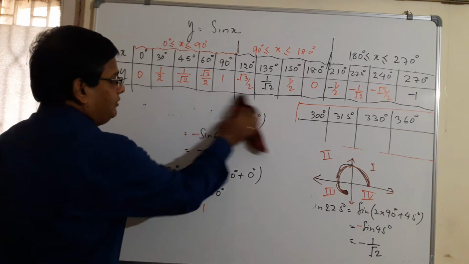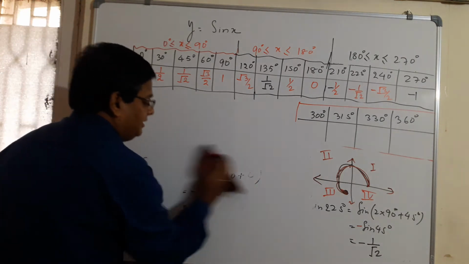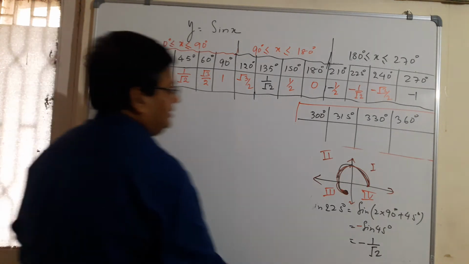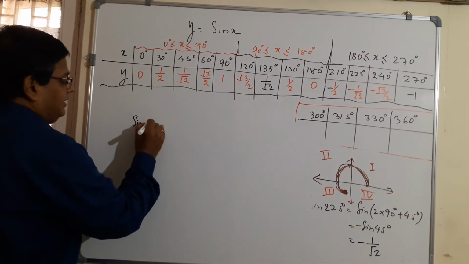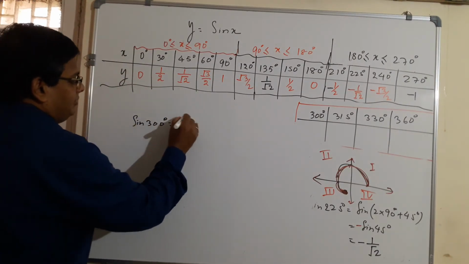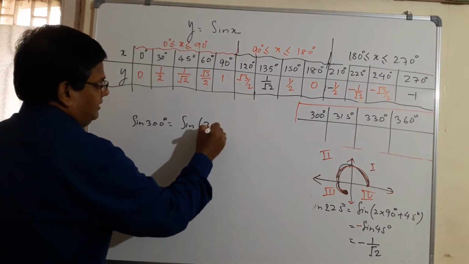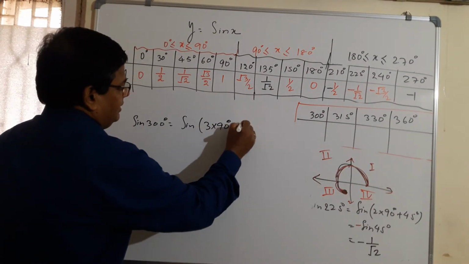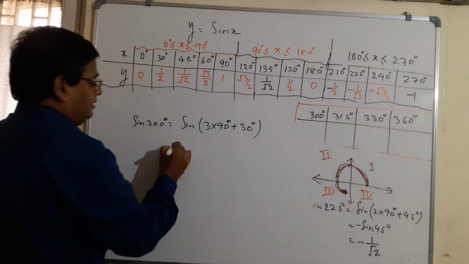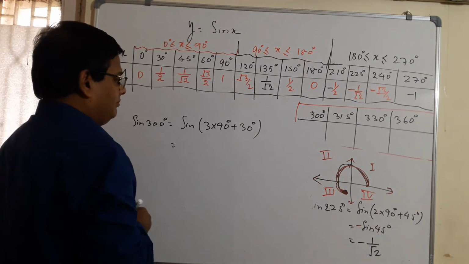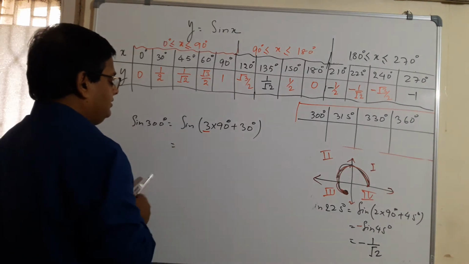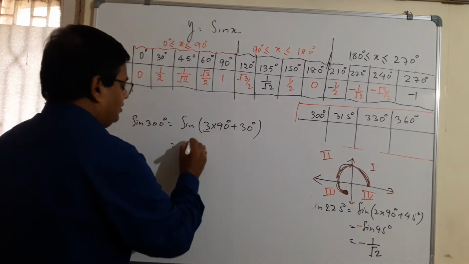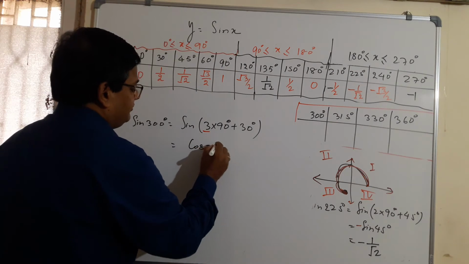Now I am going to find out sine 300 degree. Sine 300 degree is equal to sine of 3 into 90 plus 30 degree. Here 3 is an odd number, so sine changes into cos 30 degree.